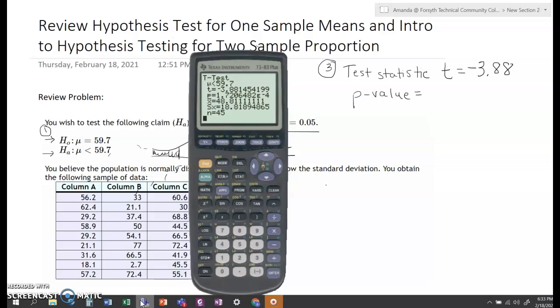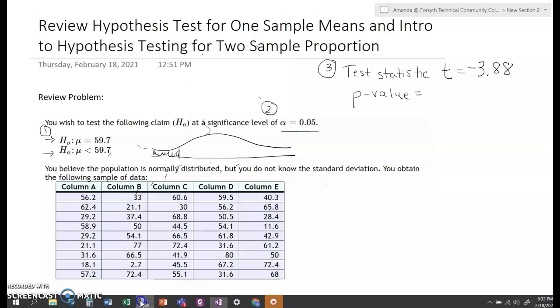So this p-value underneath the t is 1.72, but we have an e to the negative 4. So watch for that e. That means we're going to move the decimal place 4 places to the left. So I have 0.000172.